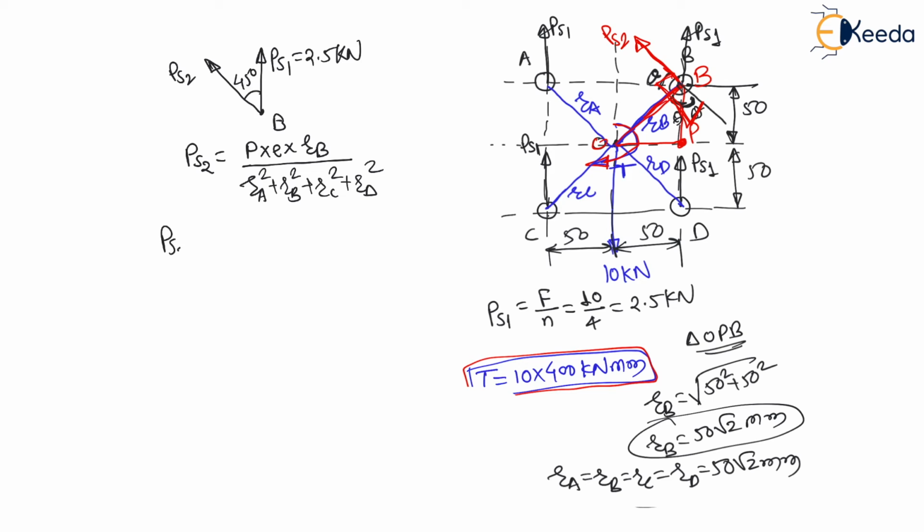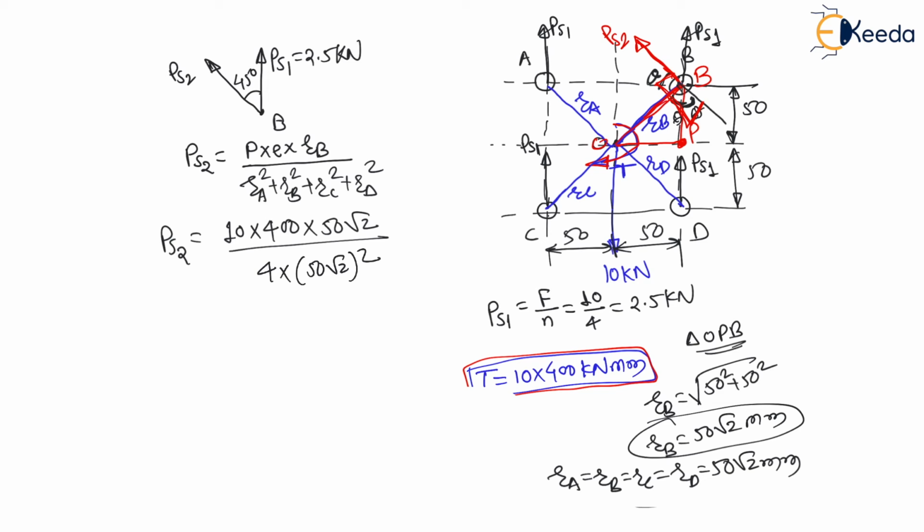Therefore, this secondary shear load on bolt B will be equal to, force is given 10 kilonewton, distance is given 400 mm, eccentricity RB is 50 root 2, divided by, now RA, RB, RC, RD all are 50 root 2, therefore I can write here 4 into 50 root 2 whole square.